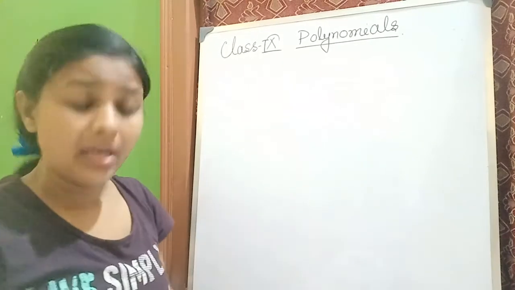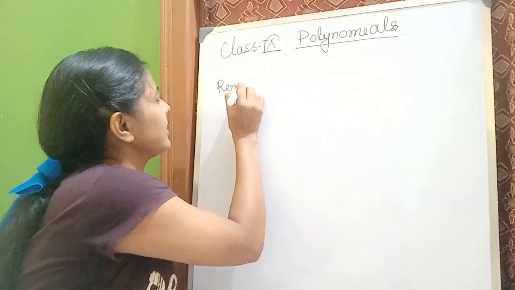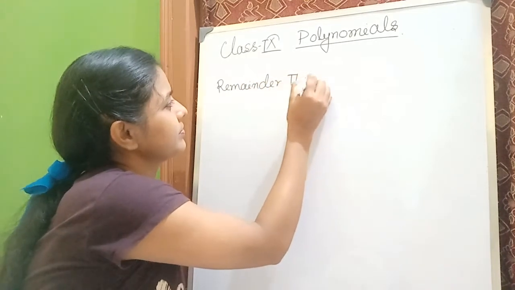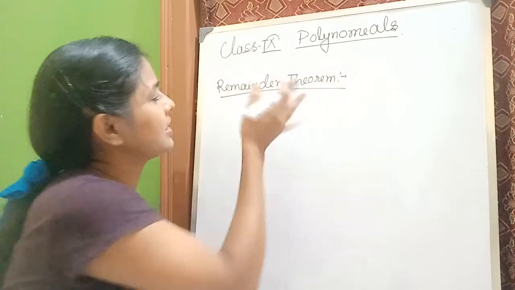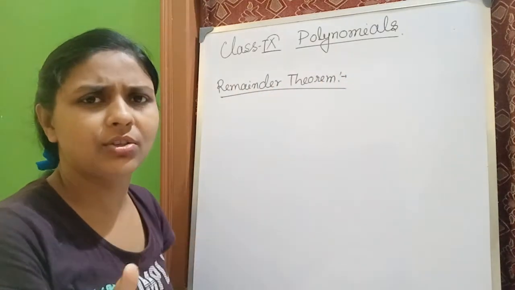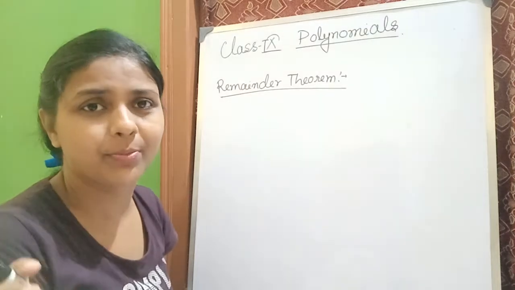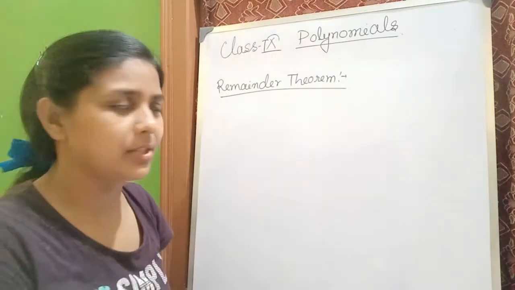Okay, now coming to the main topic, that is the remainder theorem. Remainder theorem means a theorem related to the remainder for any division process, but here it is for polynomial divisions.